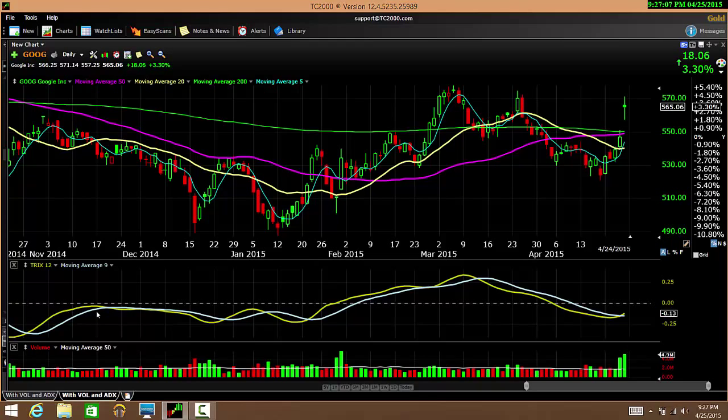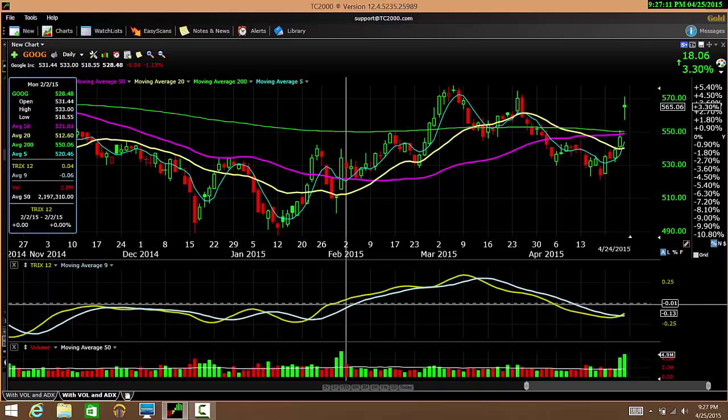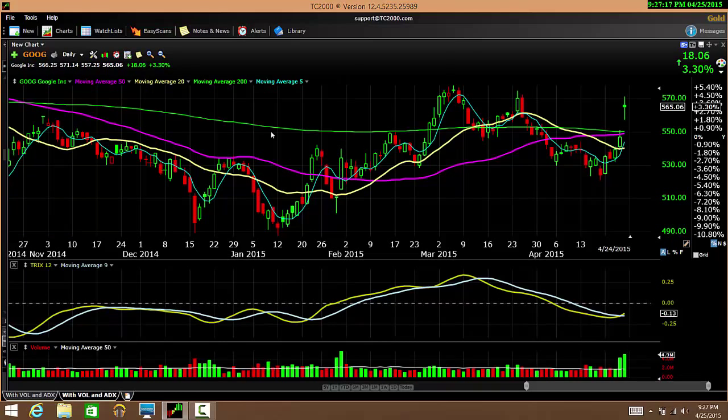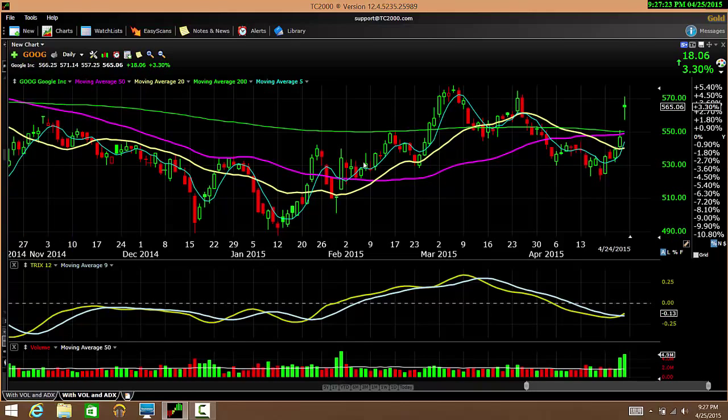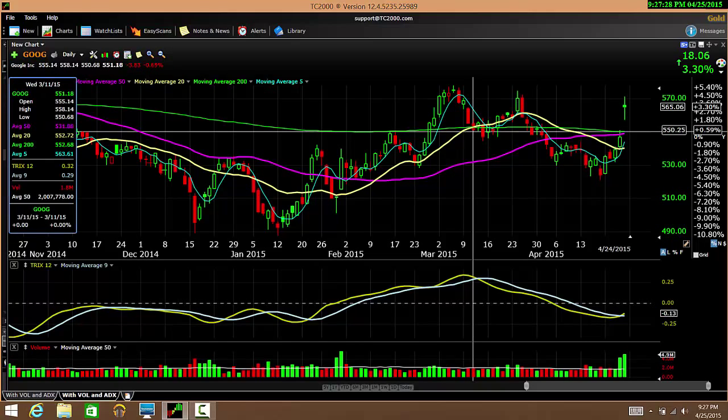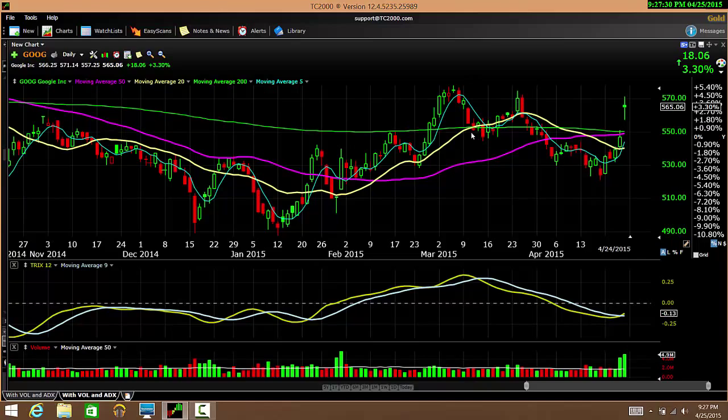So the TRIX oscillator keeps you out of the trade, which is a good thing, until about here when it breaks above the zero line, right here. So if you purchase the stock here at 526, it doesn't break the 20-day moving average until about right here, 550. So that's a pretty good move.